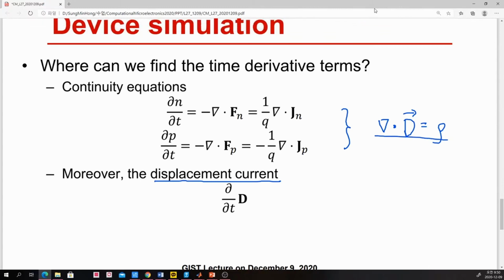However, when you calculate your terminal current, you have to be careful. You should calculate this displacement current. Without this displacement current, you have no current conservation. Current conservation strictly holds when you include your particle currents and the displacement current. So please be careful when you calculate your terminal current.